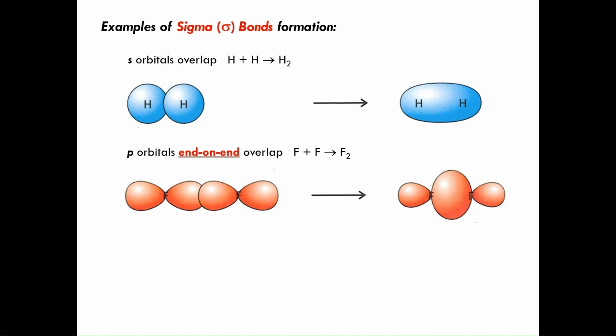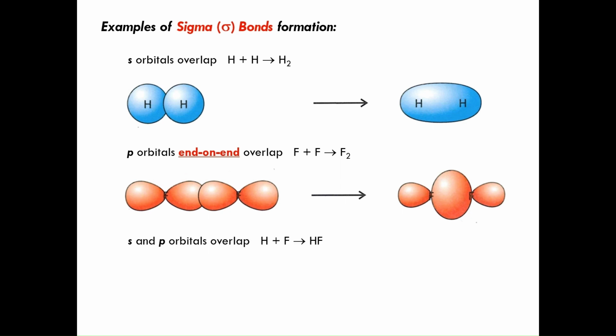I'm going to reiterate that. If these two p orbitals do not overlap end-to-end, it is not a sigma bond. They must overlap end-to-end to create a sigma bond, which forms this large sigma bond orbital, again with the electron density between the two fluorine atoms.